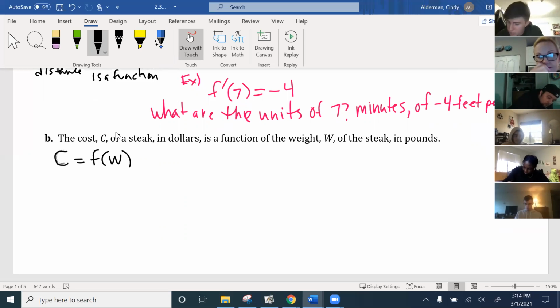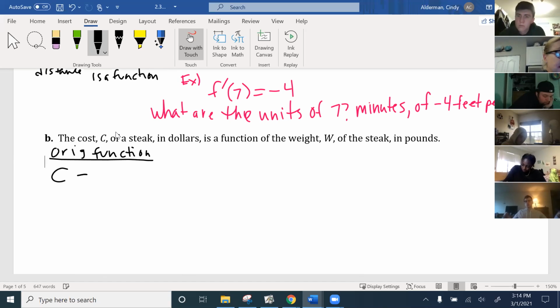I'm going to bring this home because this is where last year people had some trouble. This is the original function. So cost is equal to a function of weight.